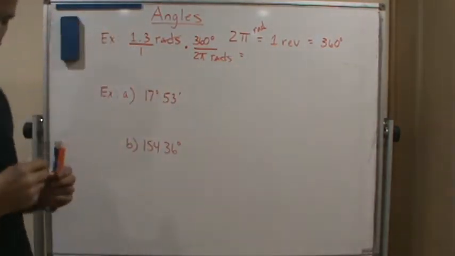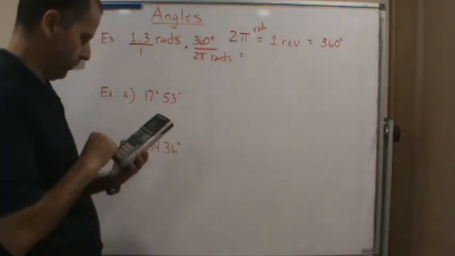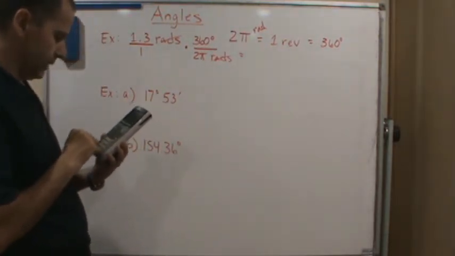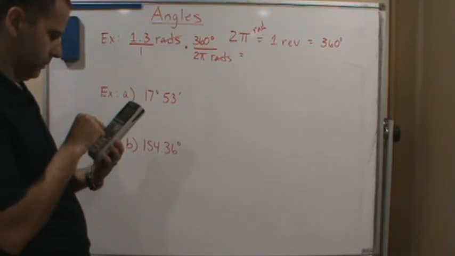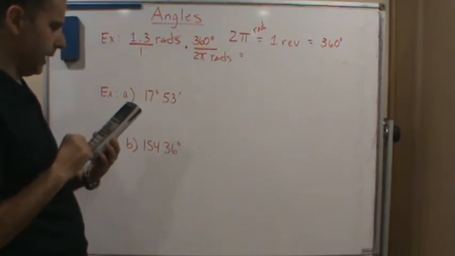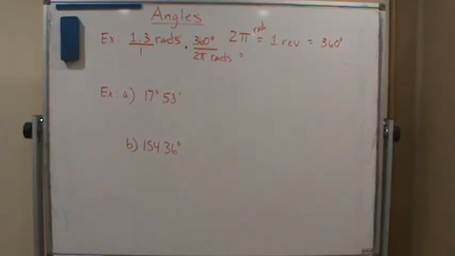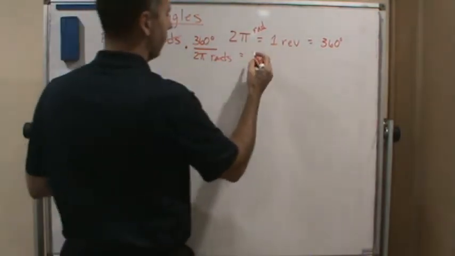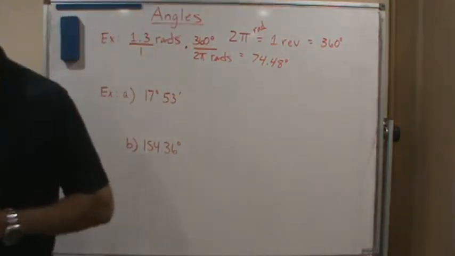I get 1.3 times 360 divided by 2 pi, and I get 74.48 degrees, rounded to the nearest hundredth. So 74.48 degrees.